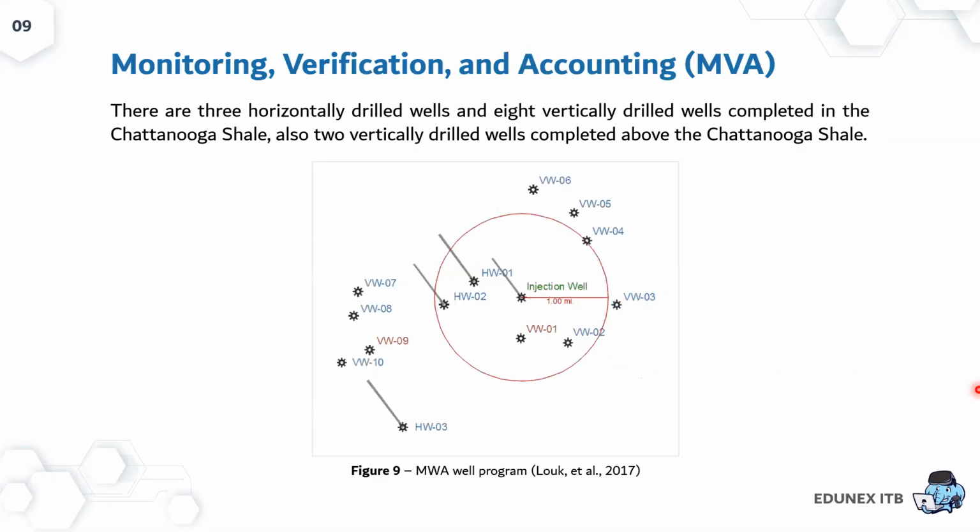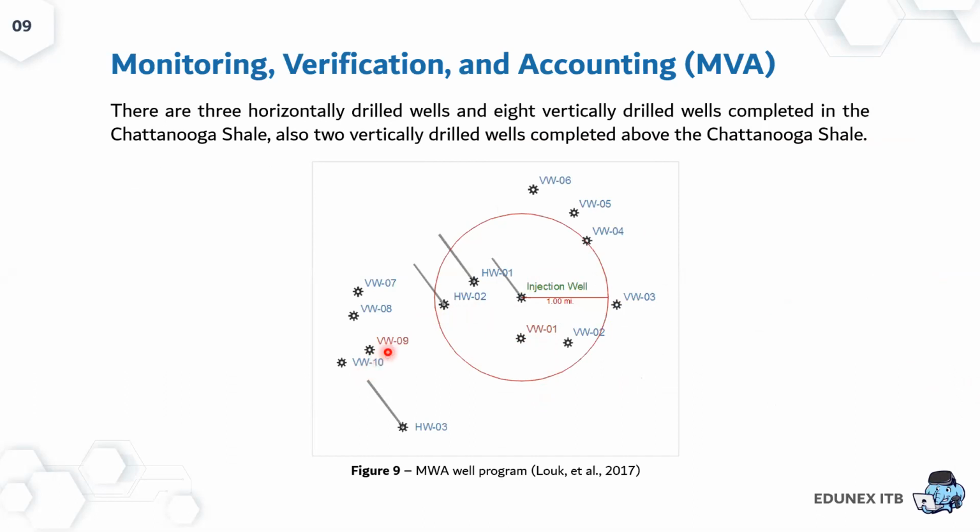Okay, move on to the next slide, monitoring, verification, and accounting, or MVA. In figure 9 here, we can look at the 13 monitoring wells that are owned and operated by CNX Gas and Atlas Energy. The HW means horizontally drilled wells, and the VW means vertically drilled wells.